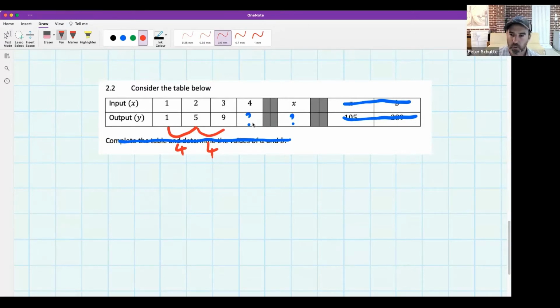So I think what we need to do here is just to look at how the outputs are increasing in 4s. And if it's going up in 4s, the next one is going to have to be 13, because that would go up by 4 more. But now the next thing is think about the last example and what process we followed in order to work out the rule, the output.